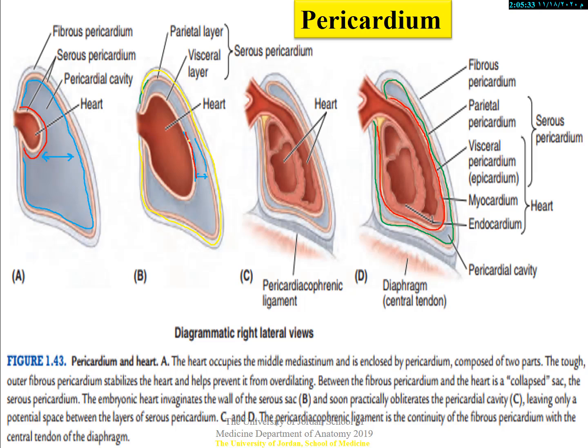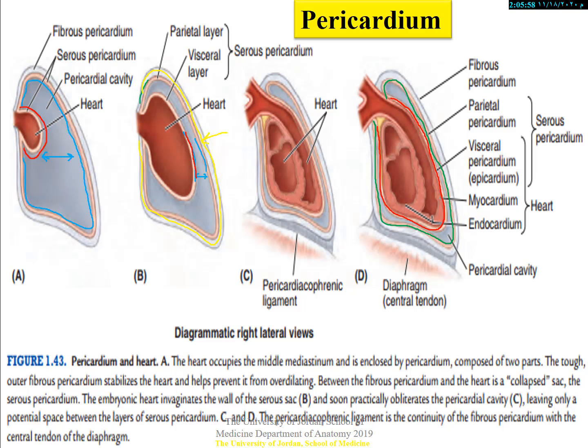Now, if you, as a surgeon, were to dissect the pericardium, here you open it, and I will show you this during our practical session next week. The outer side of the pericardium is rough. However, the inner side, which is the parietal layer of the serous sac, is smooth.